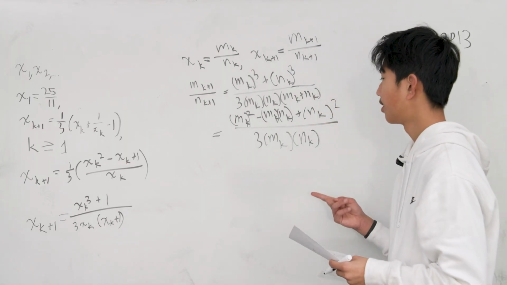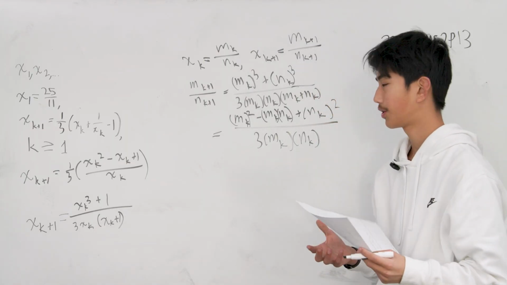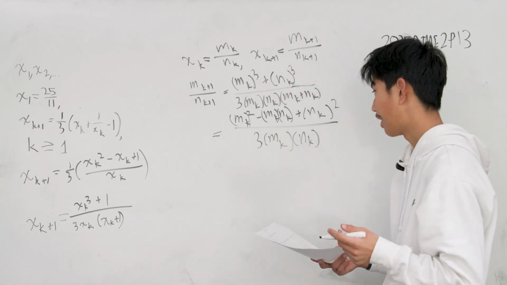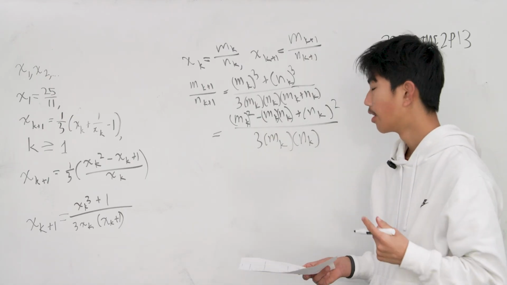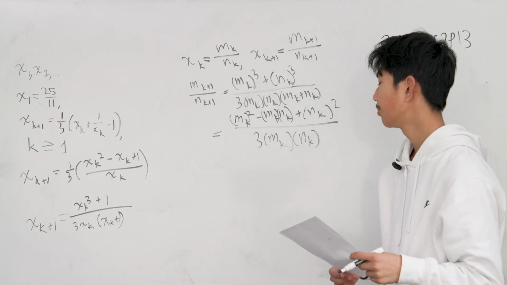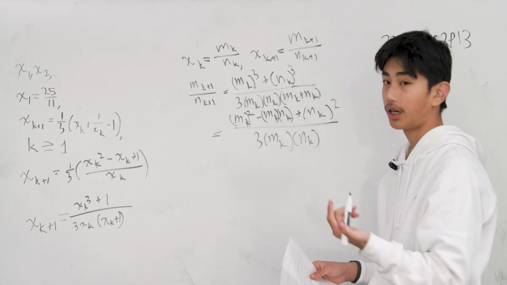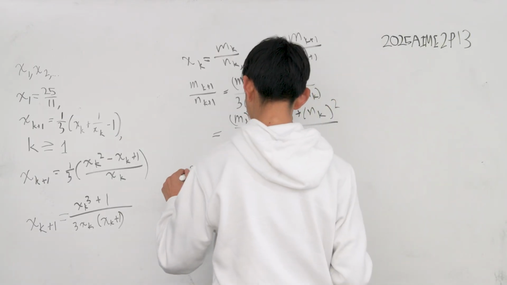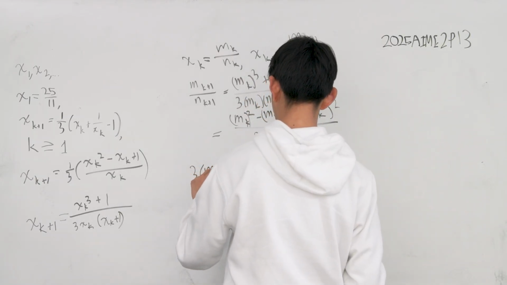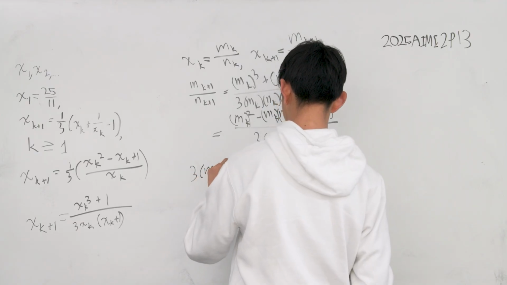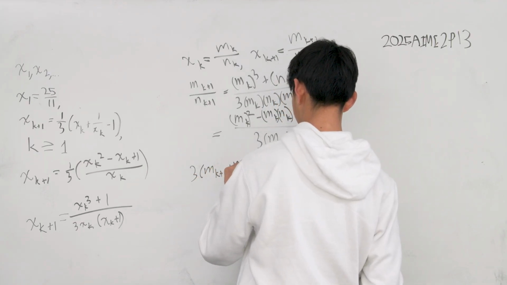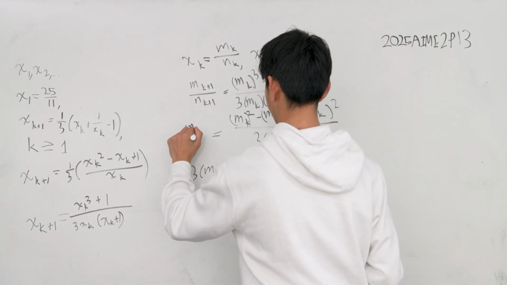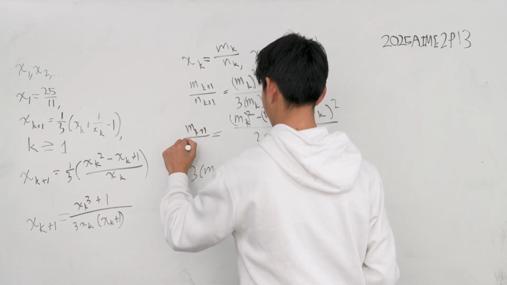This is the point where you realize this can be simplified even more, since we just want to sum m and n, the numerator and the denominator. So we want to solve for 3 times m sub k plus 1 plus n sub k plus 1, and I should probably write this here.